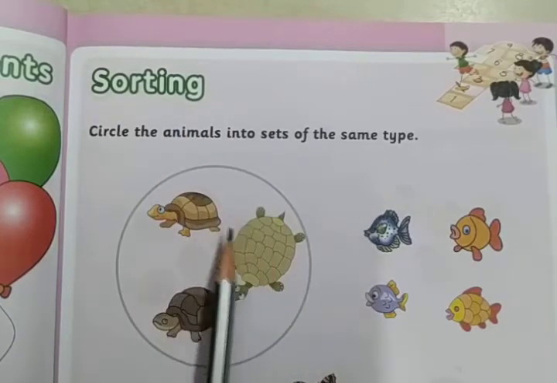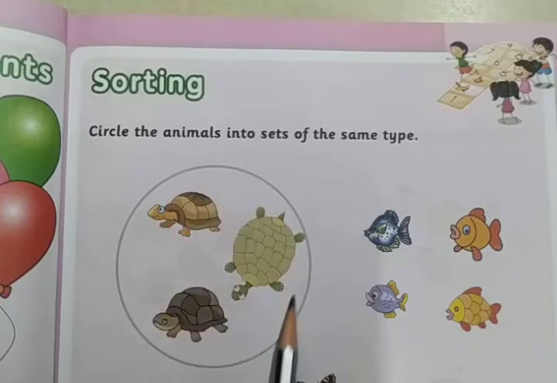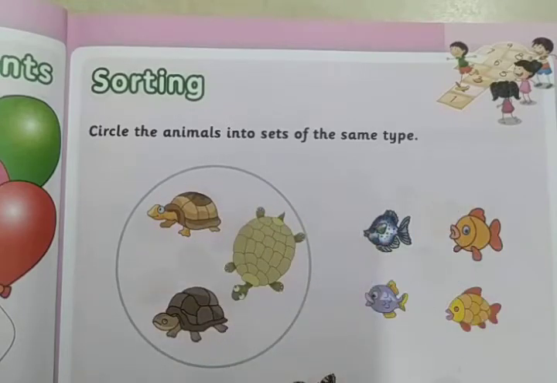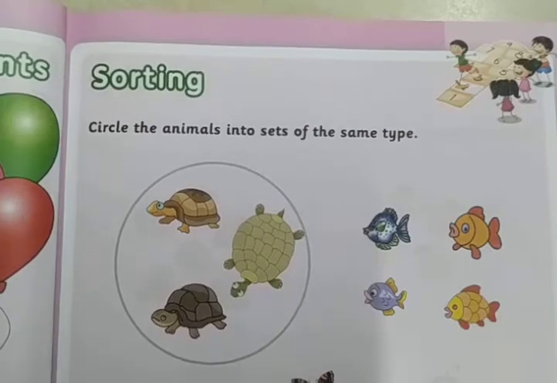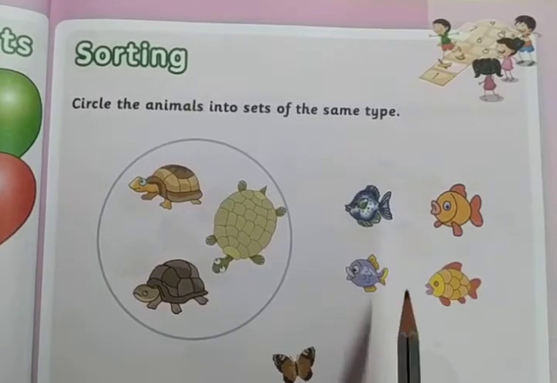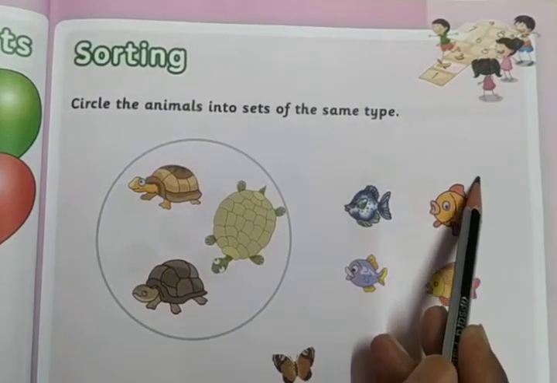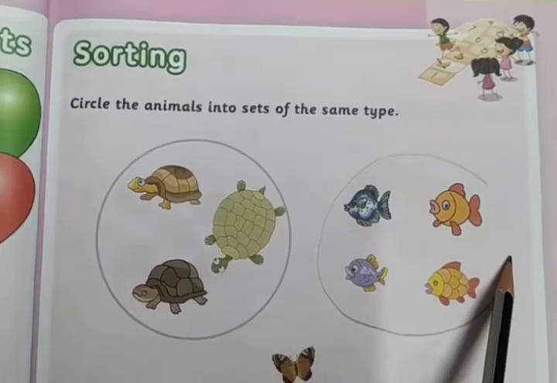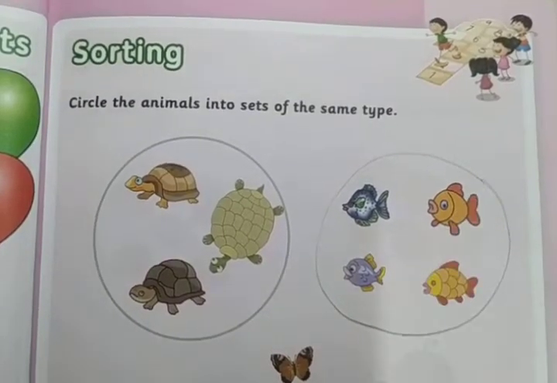This is tortoise. 1, 2, 3. These are tortoises. And here fishes, here butterflies. Now circle the fishes. Fishes are one type of animals.